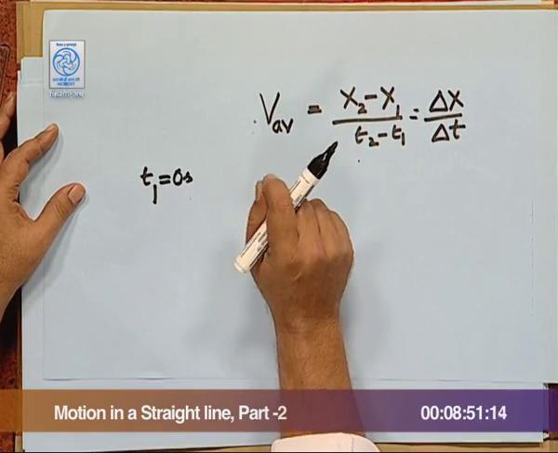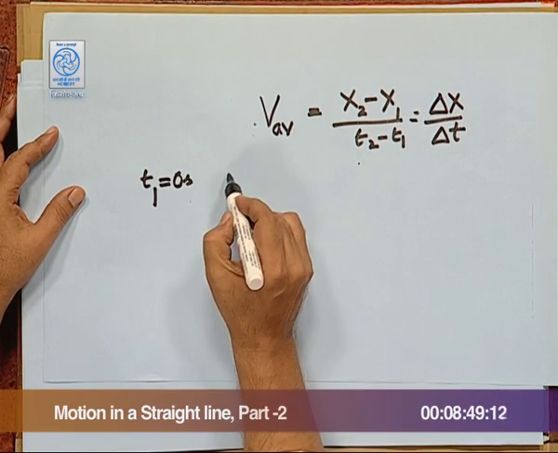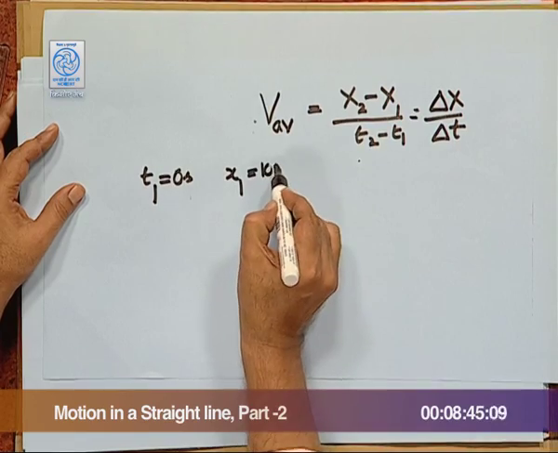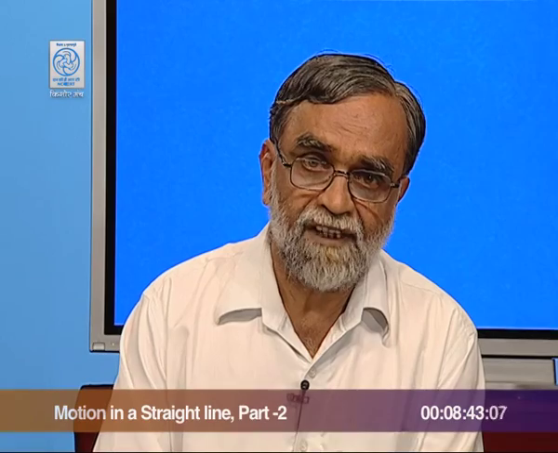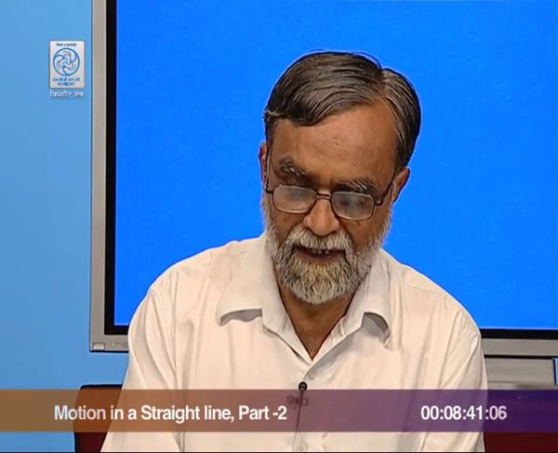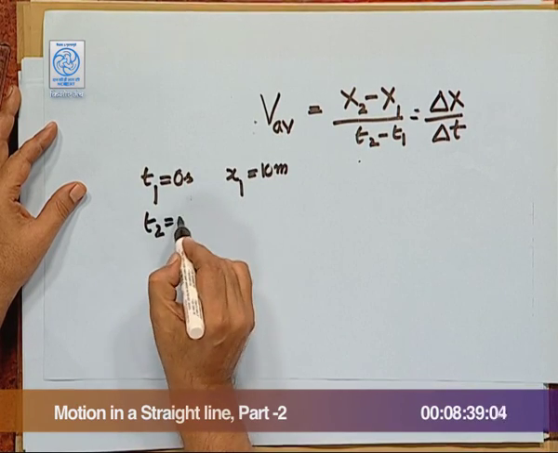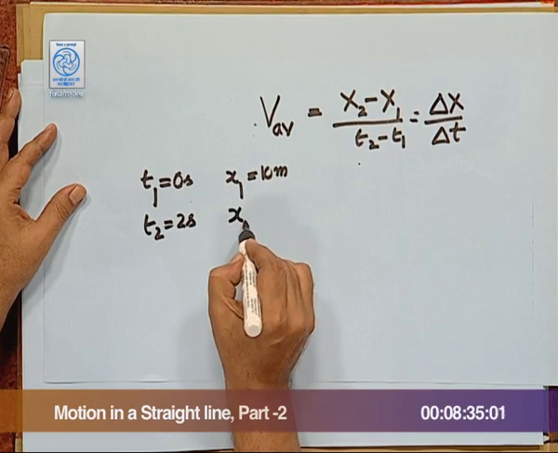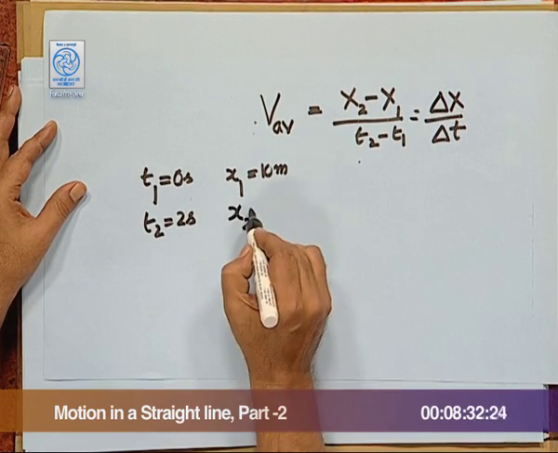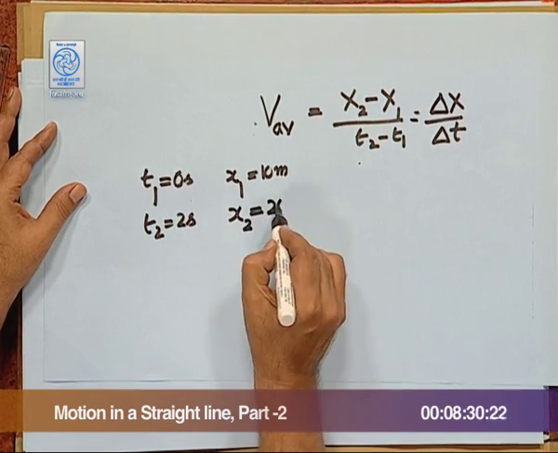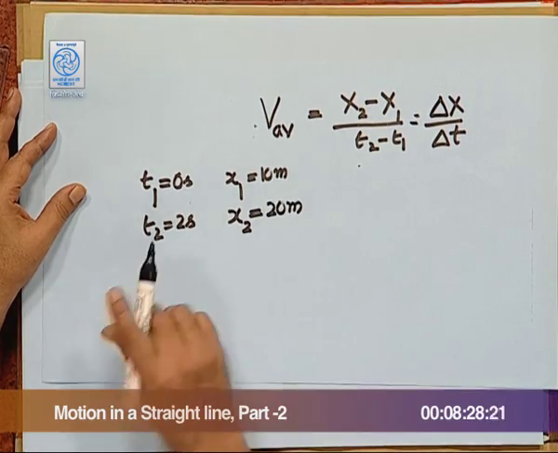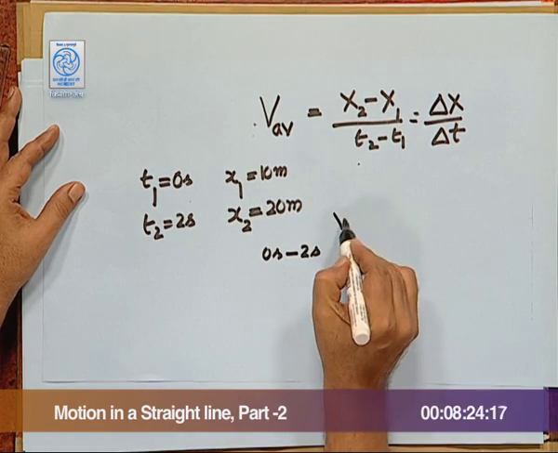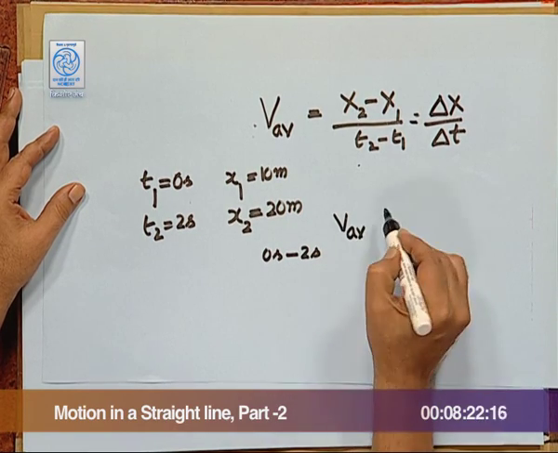At t1 equal to 0 seconds, the position coordinate corresponding to it is 10 meters. At an interval of 2 seconds, at time t2 equal to 2 seconds, the position coordinate from the data is 20 meters.